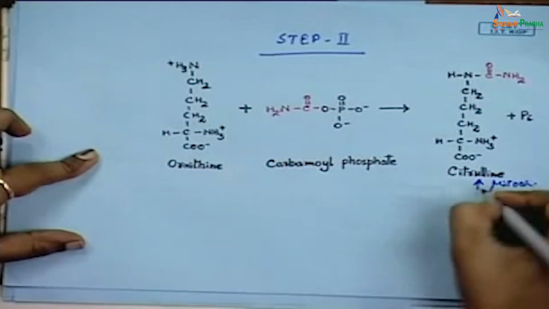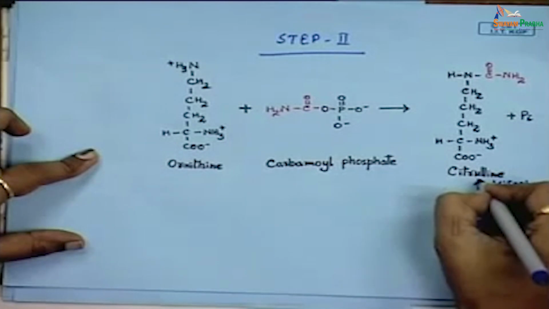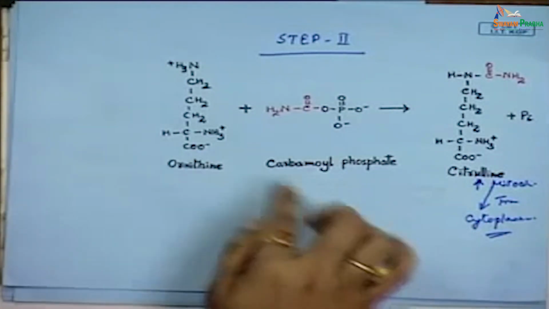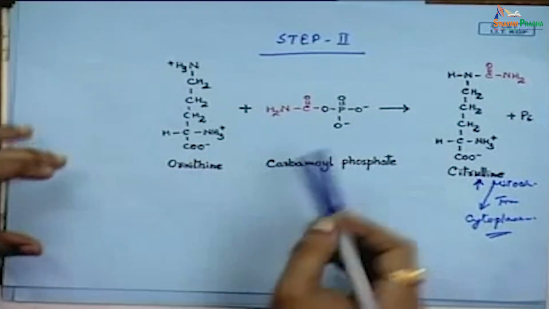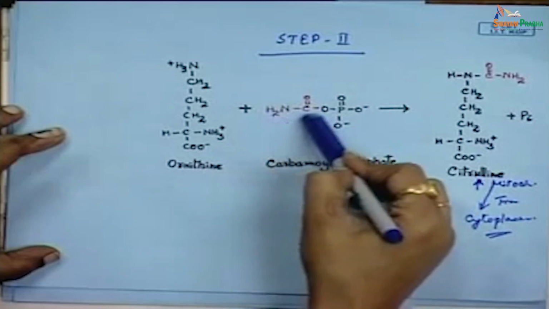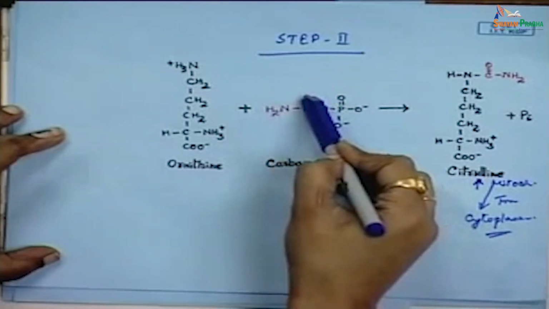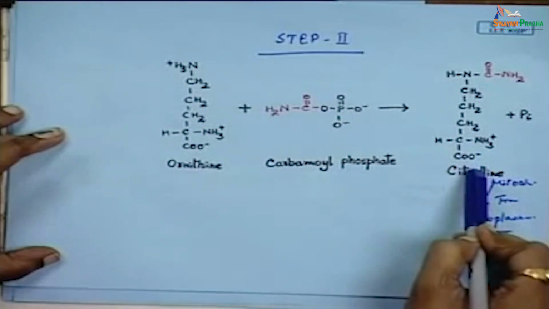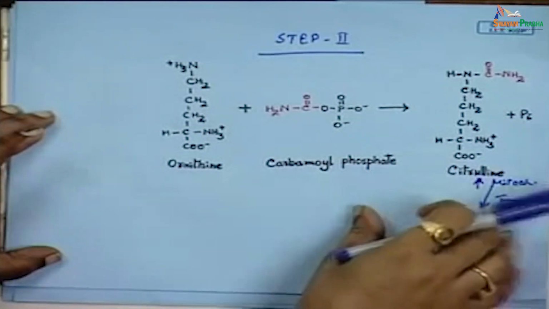So, now this transportation of citrulline is taking place. So, in this step, what we have seen? We have seen that the carbamoyl group from carbamoyl phosphate is being transferred to ornithine and citrulline is formed.